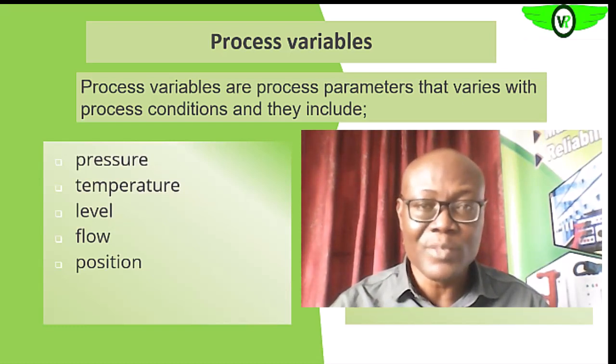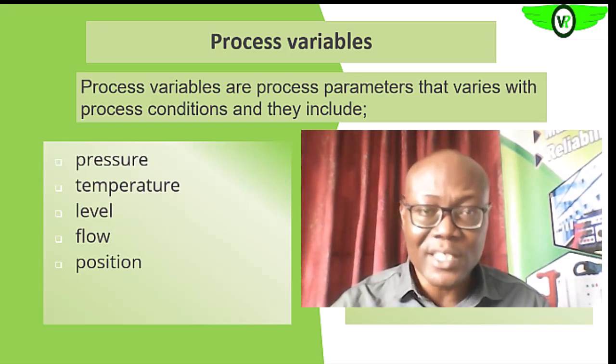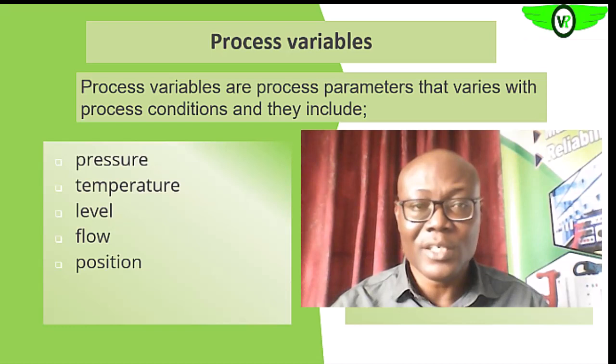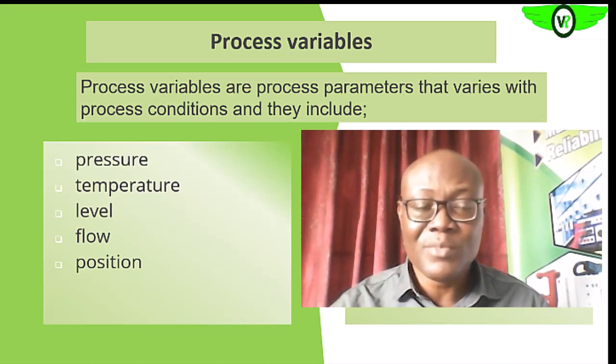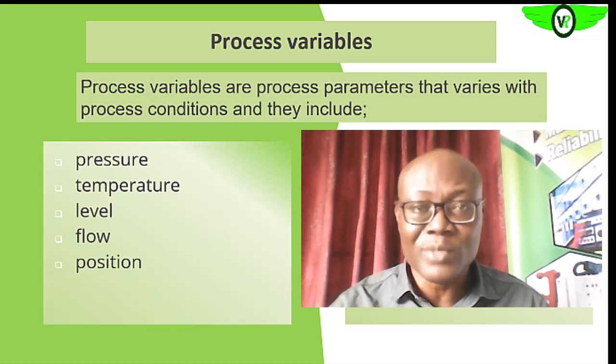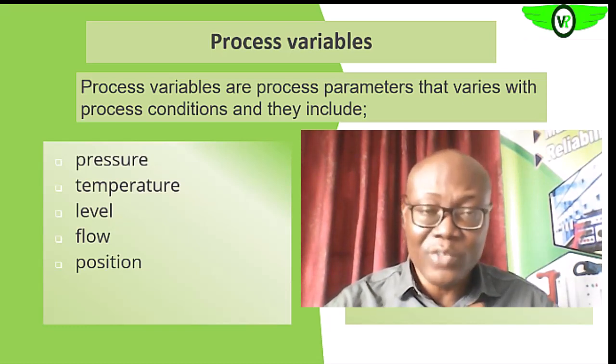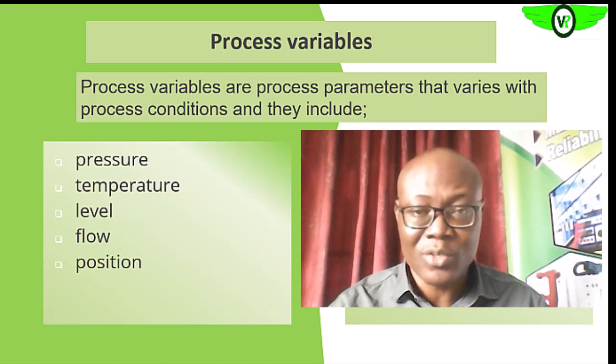Some of these parameters in a certain process could be more important than other variables. In some processes, maybe it is only one variable, maybe temperature or pressure, that has the capability of affecting our process, and thus that is the only variable we'll monitor.